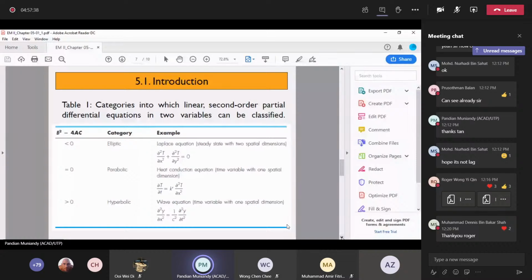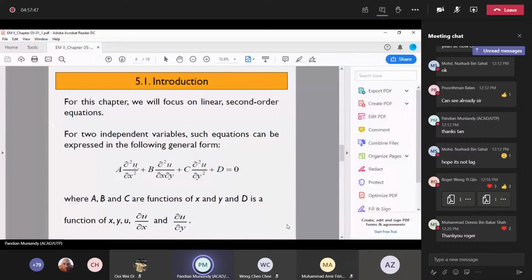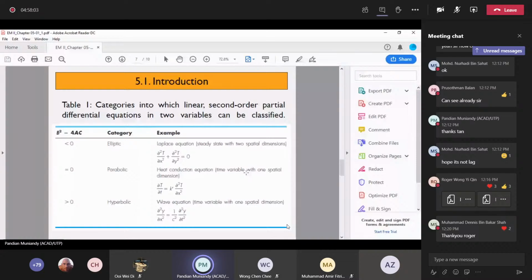So you see the first column, b squared minus 4ac. We are referring to this a, b, c. We don't worry about d, this a, b, c only. You know in algebra, when you solve ax squared plus bx plus c equals 0, the quadratic equation, the solution x can take three forms.